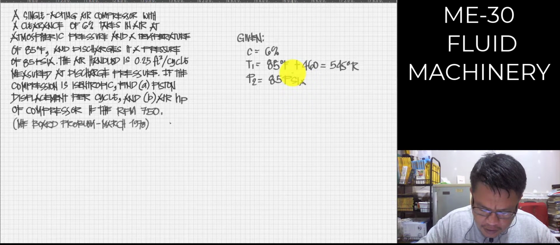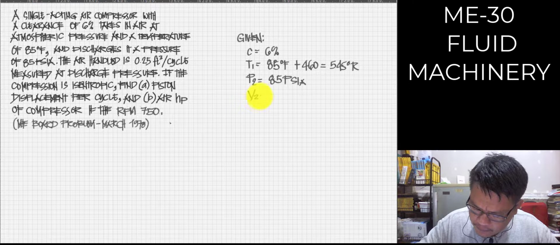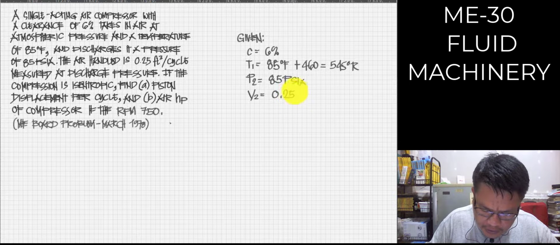Then we have 0.25, the air handled, the air that is being displaced, so we can say this is your B2, 0.25 cubic feet per cycle, measured at the discharge pressure. That will be the output.